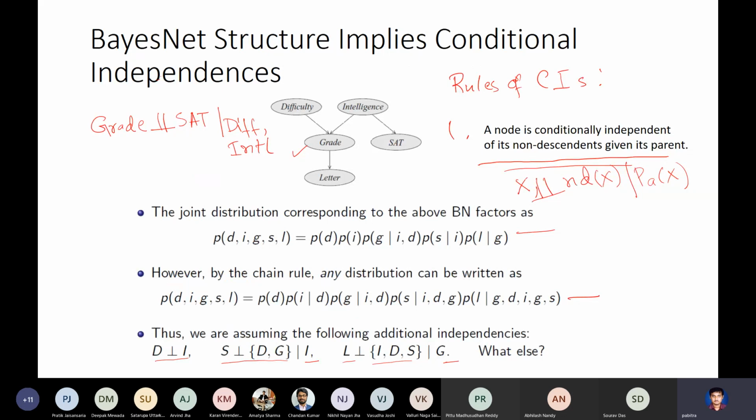Okay, so this is always true. In any Bayes net, this always holds. So this is kind of a local independence structure. You need the parents and then this thing. There are even longer range independences that hold true. We'll try to look at some of them.